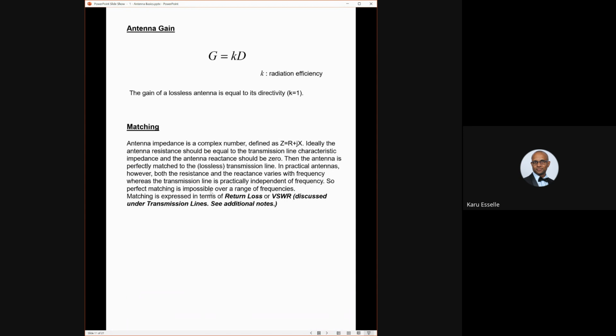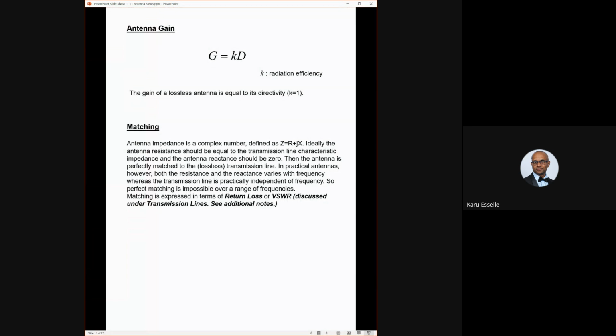So perfect matching is impossible over a range of frequencies. It may be possible at one frequency, or a few discrete frequencies, but not possible in practice over a very large range of frequencies. But reasonably good matching is possible. Not perfect matching, but good matching is possible.